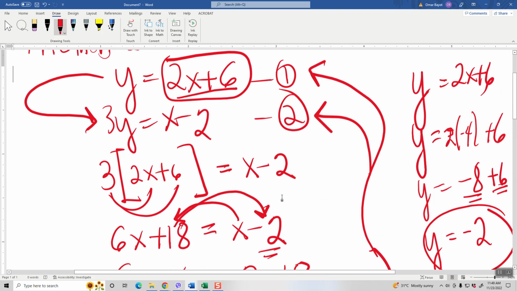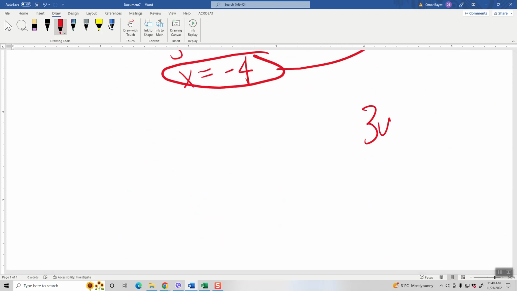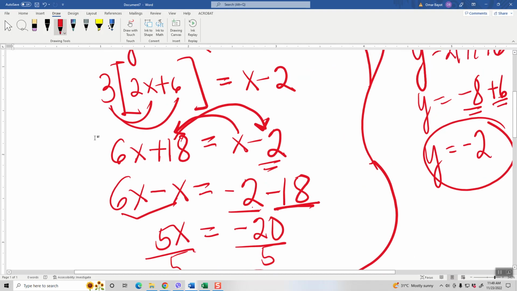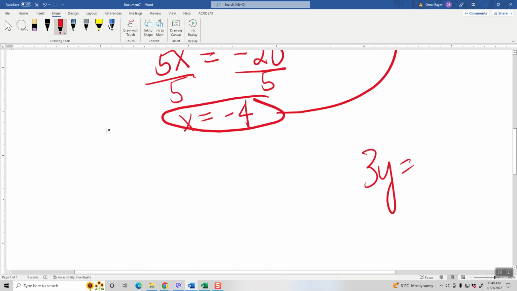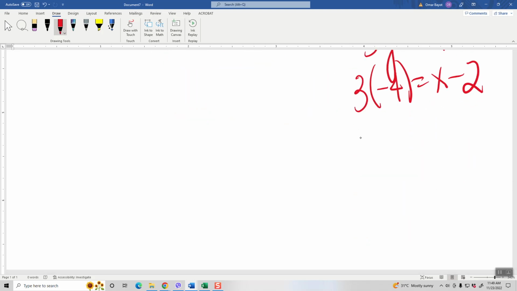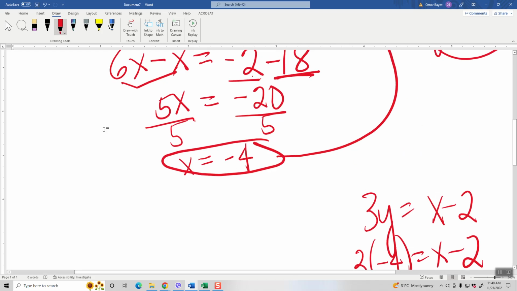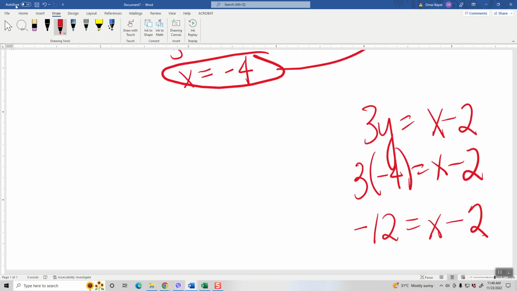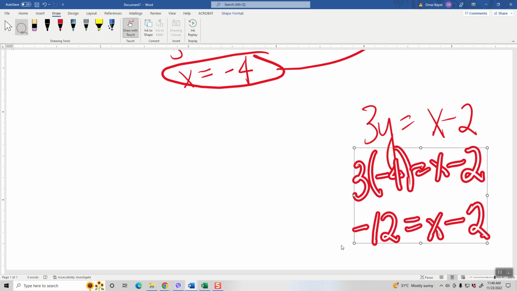The same, no? Kahit sa pangalawang equation, 3y equals x minus 2. Anong value ng x? Negative 4. Sorry, bakit nagkabaliktad? Balikan natin.